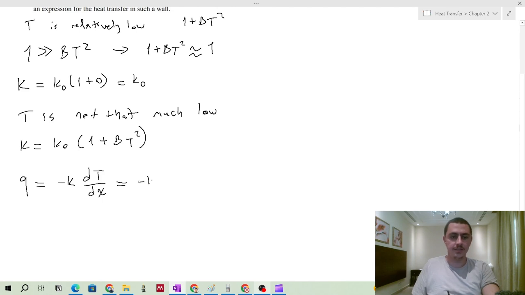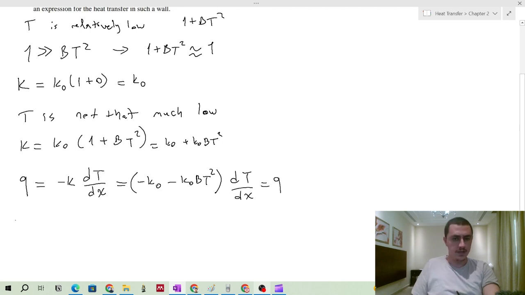We have minus K sub 0 multiplied by 1 plus, let's distribute it, K sub 0 over K sub 0 beta T squared. So you will have the temperature squared, then dT over dx is equal to Q, okay?